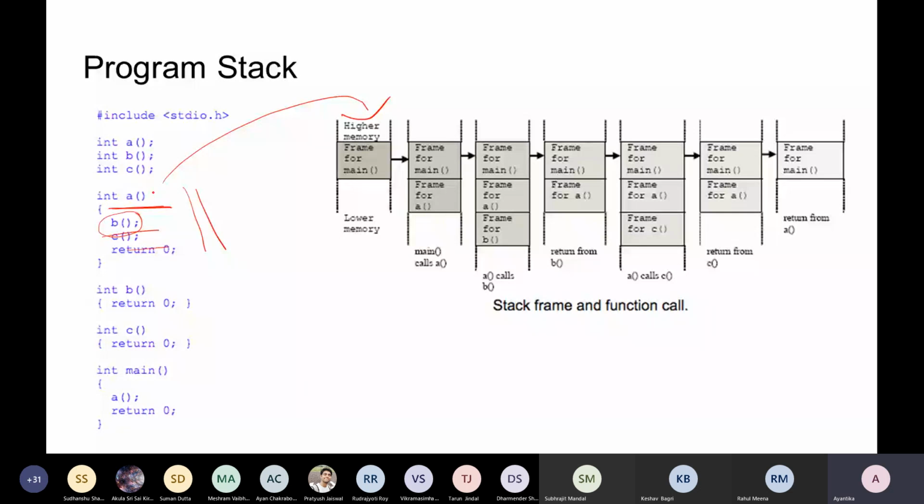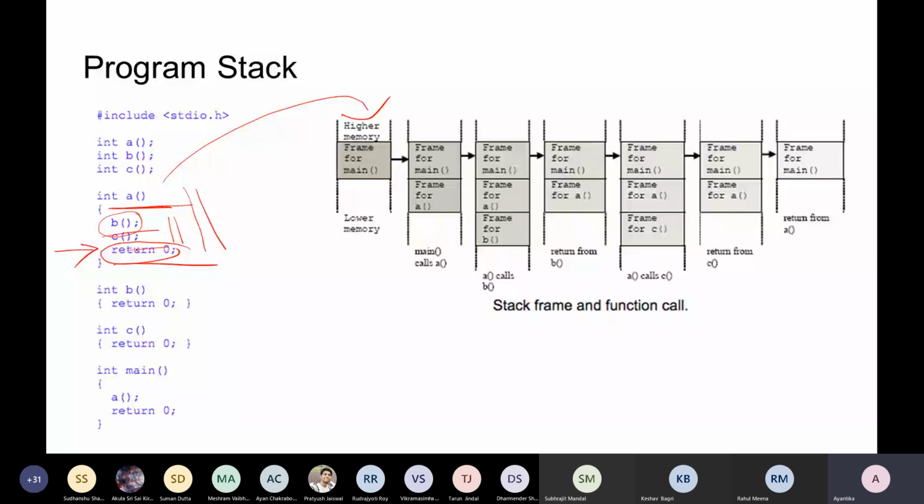Let's take the example function A. It is calling the B function, calling the C function, and then it is coming back to a particular address where it is writing this instruction, return 0. That means once it completes the execution of B and C, it should come back to this address. So this return address needs to be specified within the particular frame of this function.